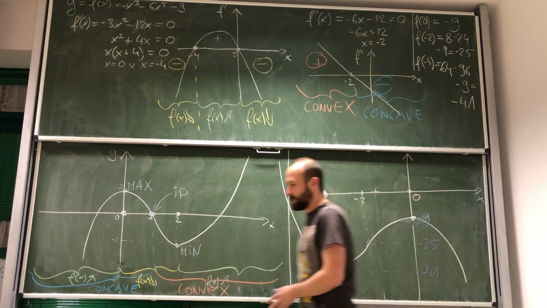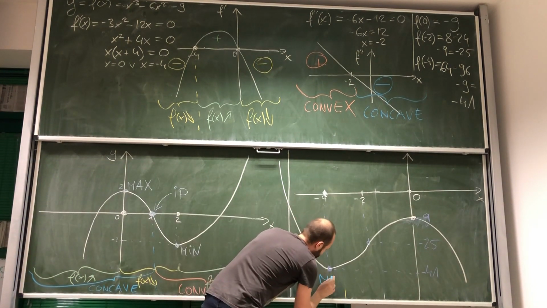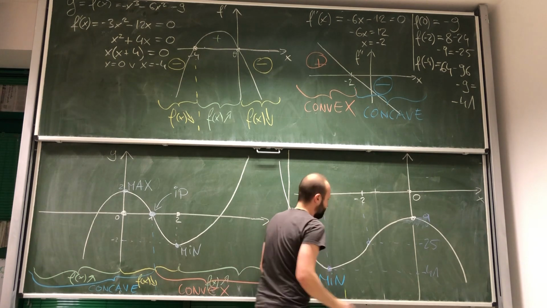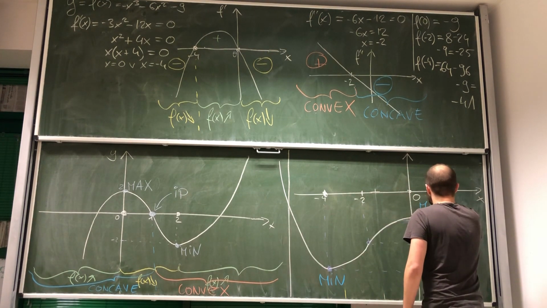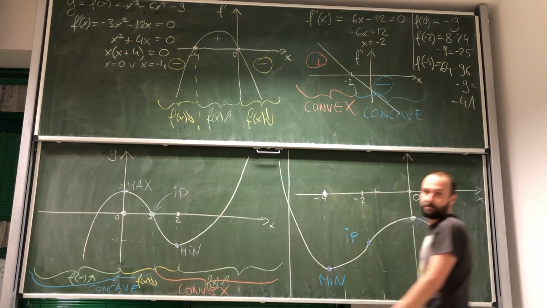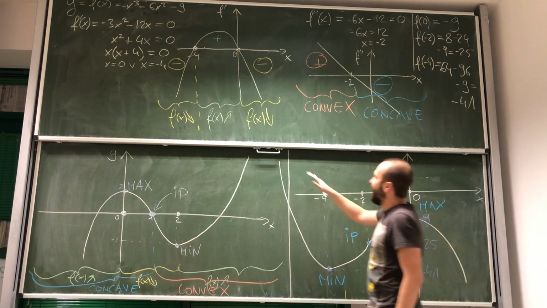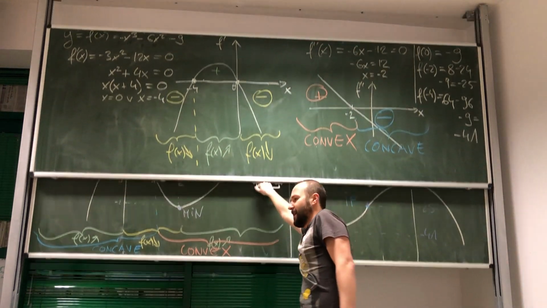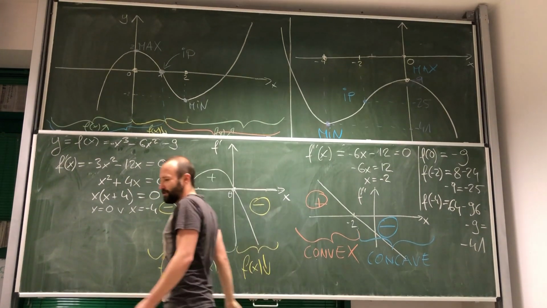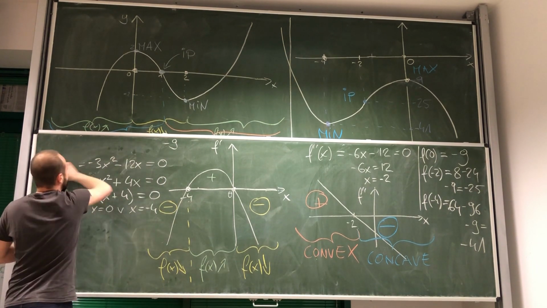Okay, and we clearly see that here we've got a minimum, here we've got maximum, and here we have inflection point. Okay, so I think we've mastered the art of drawing of cubic function.